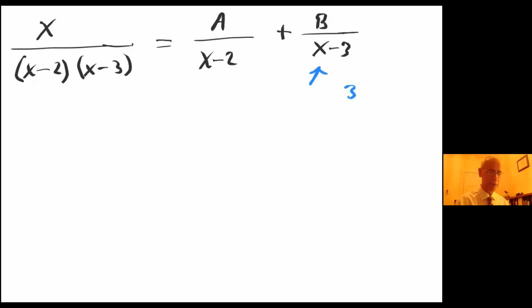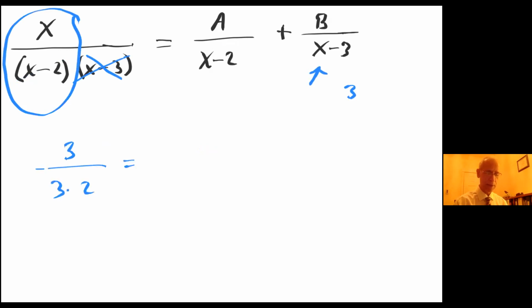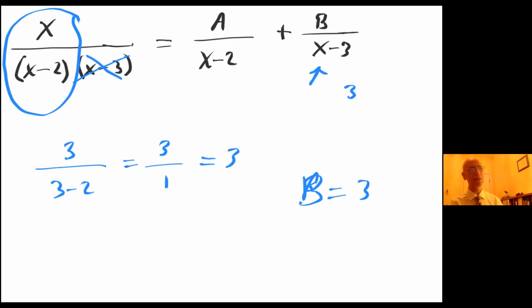So just pretend that you're putting your hand in here and you're not looking at this, and then plug in 3 in here. So we get 3 over 3 minus 2, that's 3 over 1, equals 3. And so the value of b is 3. So b equals 3, and this is the exact same value that we found previously.